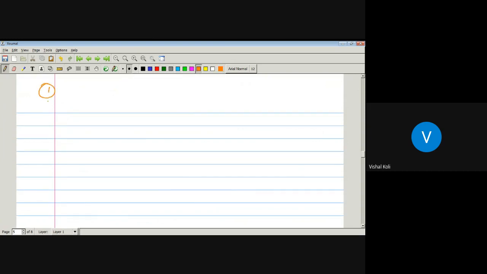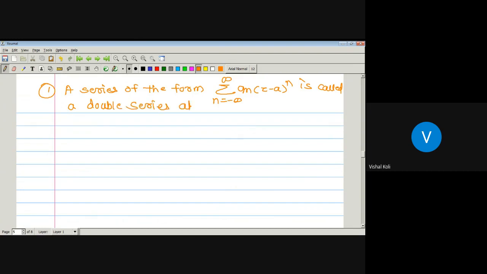In that, the first one is a series of the form, n running from minus infinity to infinity, a_n into (z minus a) to the power n, is called a double series about a point z equal to a.